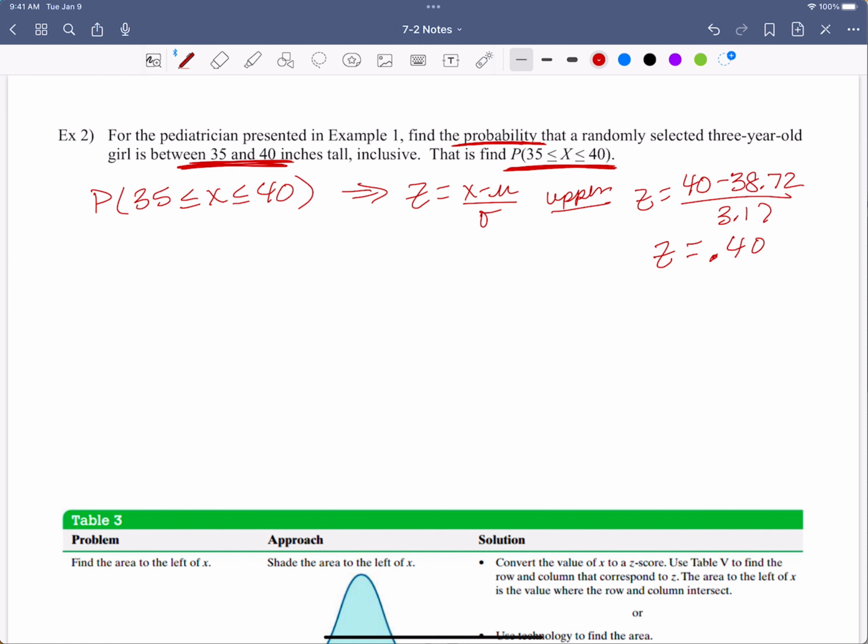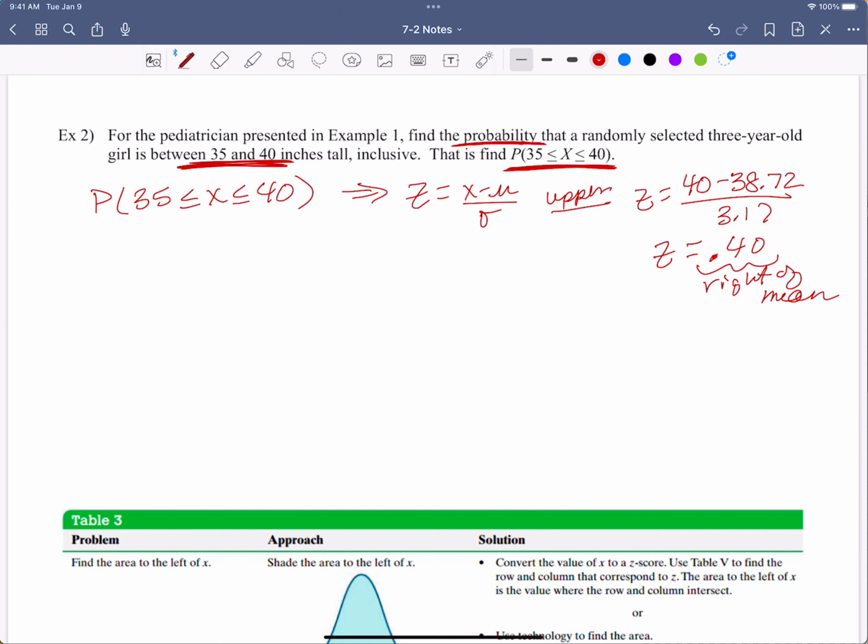So a positive 0.4, is that going to be to the right or to the left of the mean? To the right because it's positive, right. Is it a full standard deviation away? No, a little less than half. So it's pretty close to the mean, not even a whole standard deviation away.